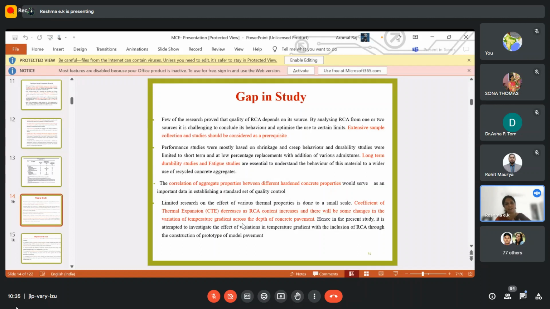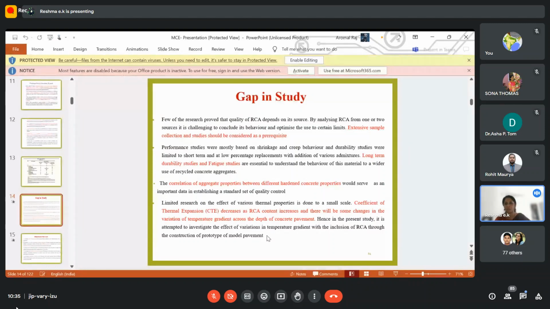When I had a doubt while doing my research about whether I should take this particular objective or not, I inquired with many people. Most of them said there will not be any difference between natural aggregates and recycled concrete aggregates.